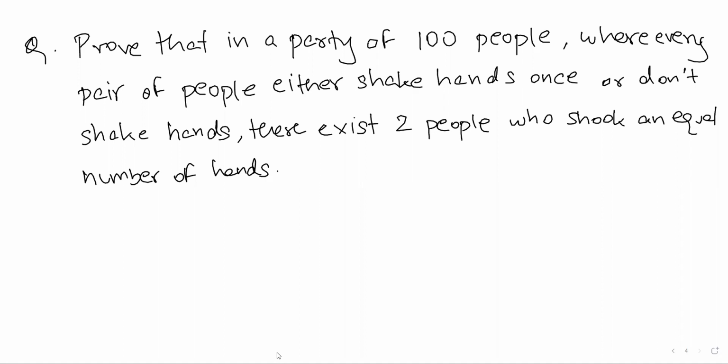They both shake hands with all the people, but there at least exist 49 people who shake hands with both. So with induction, we take the induction hypothesis. Let us take two people from 100 people. Let us take base case one.